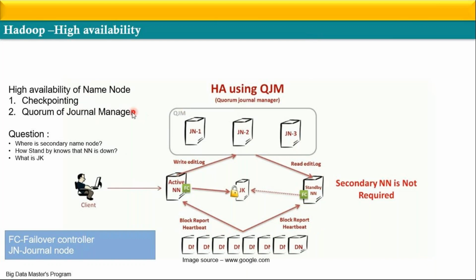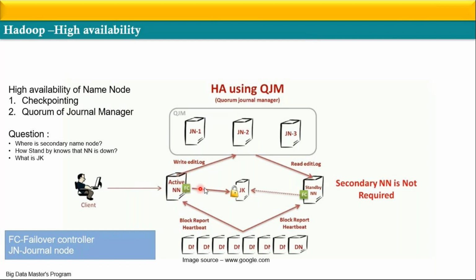So a little variation has been done inside checkpointing, and checkpointing is done with the help of different nodes, known as the quorum of journal managers. With the help of those nodes, the activities are tracked, and the standby node is able to read all the activities from here and take the responsibility once the active name node is down.